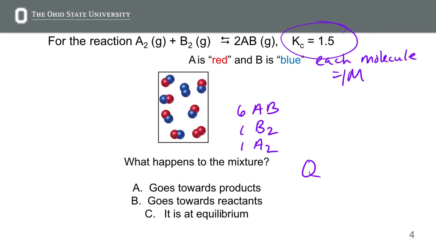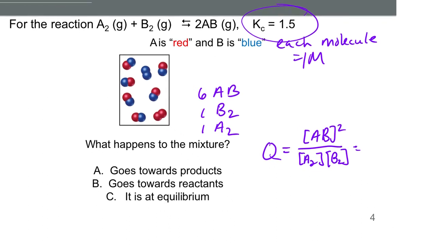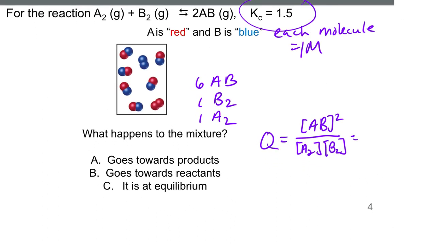So if we're looking at Q, Q is going to be equal to the concentration of AB squared over the concentration of A2 times the concentration of B2. And just using our loosely defined concentrations here, we have 6 squared over 1 times 1.